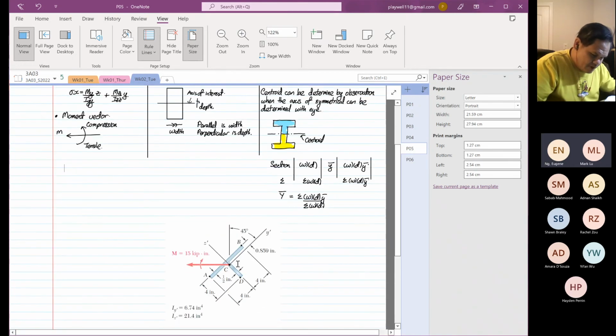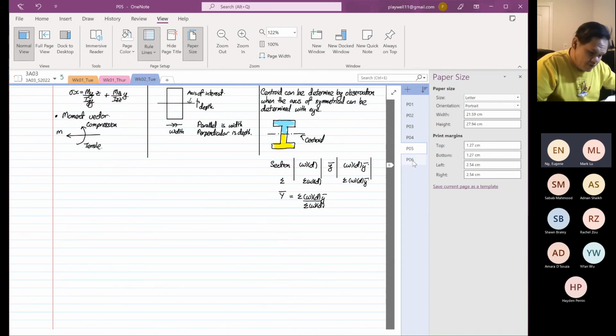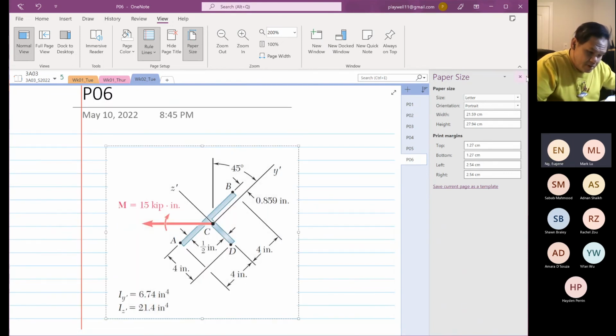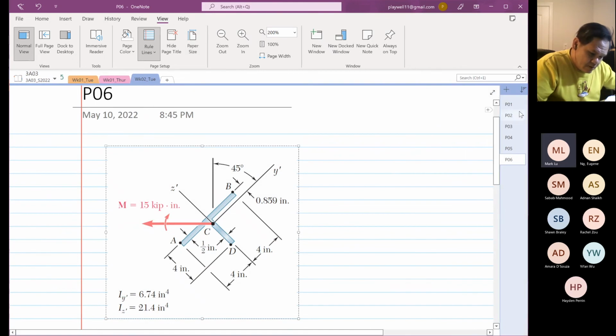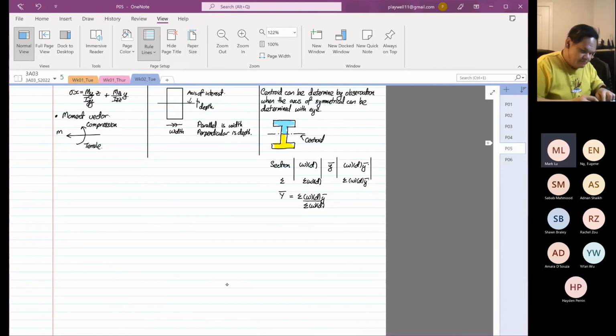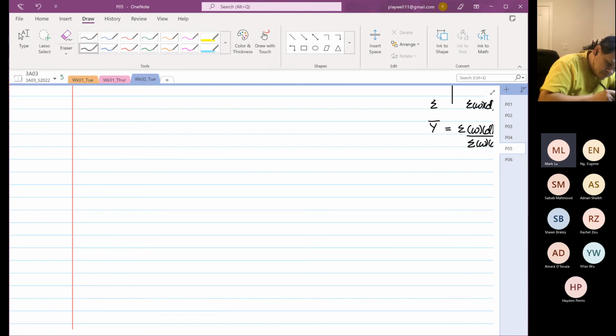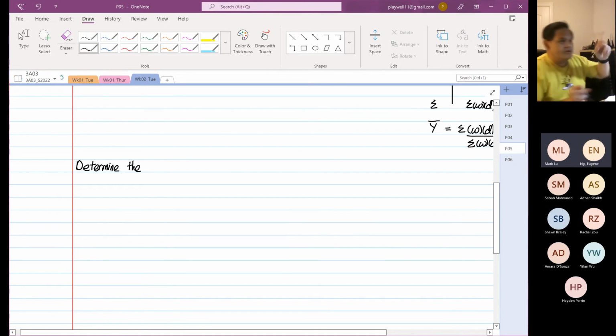We are going to determine the orientation of the neutral axis, sorry, not centroid.